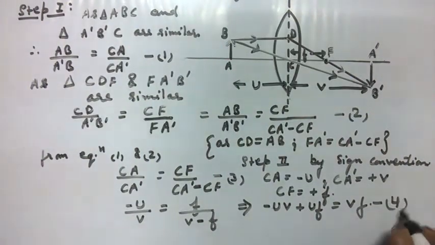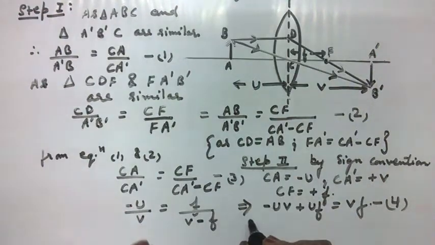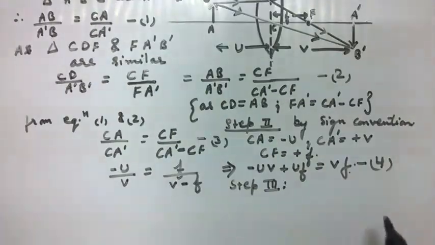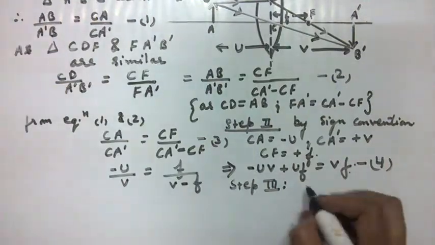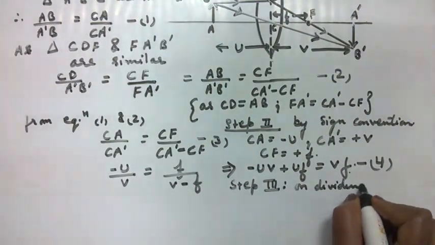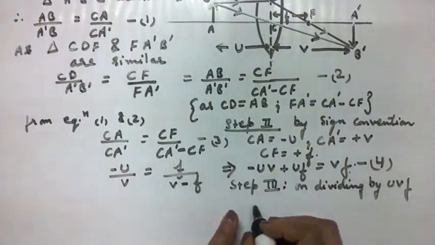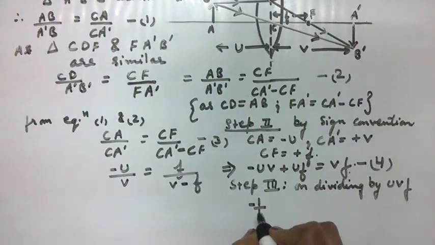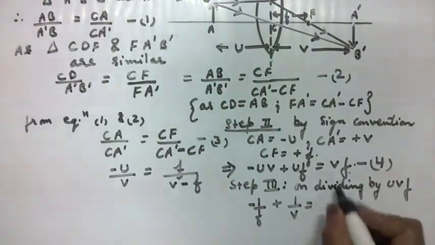Now the third step and the last one is to divide equation number 4 by uvf on both sides. We get minus 1 by f plus 1 by v equal to 1 by u.